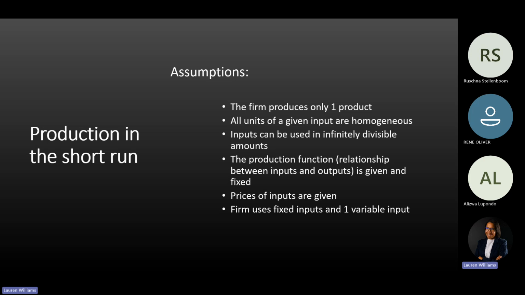So the firm only produces one product here. All the units are given in terms of the inputs of that product. It's basic amounts, which means absolute amounts. You can divide them. The product function, or the relationship between the inputs and outputs, is given. It's fixed. The prices are given. So you'll see everything is very much fixed when we're making assumptions in the short run.